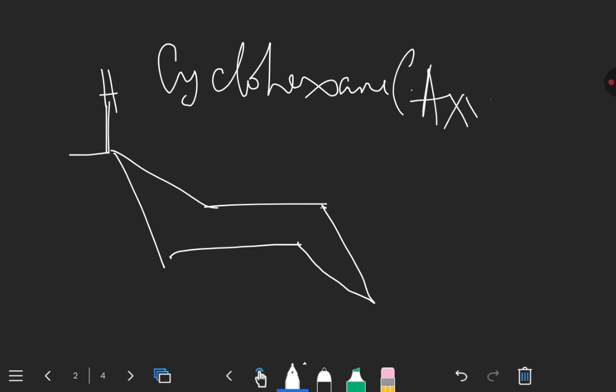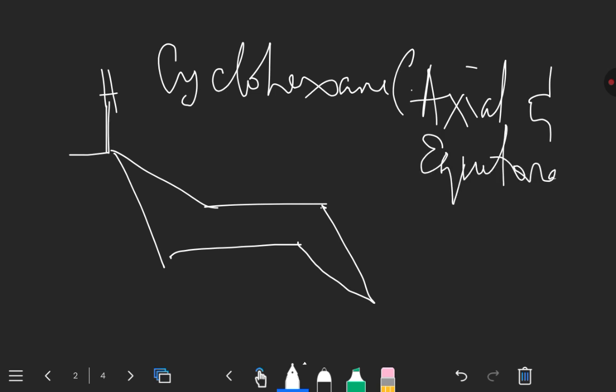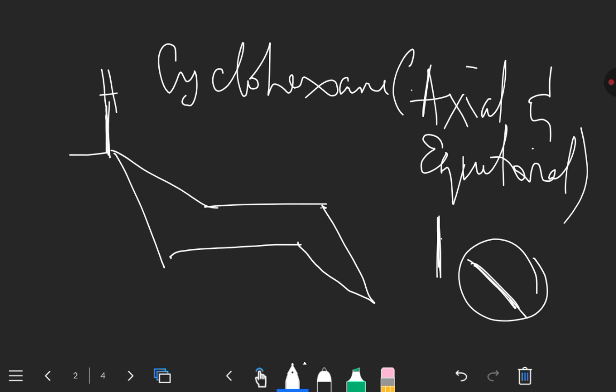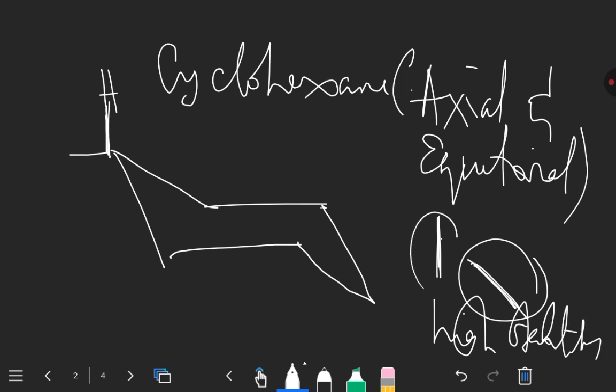So for axial and equatorial, the hydrogen there, it is axial, meaning that it should be upward like that. Then when it is equatorial, it must be slanting. And one thing we need to understand about equatorial and axial is that equatorial have higher stability than axial.